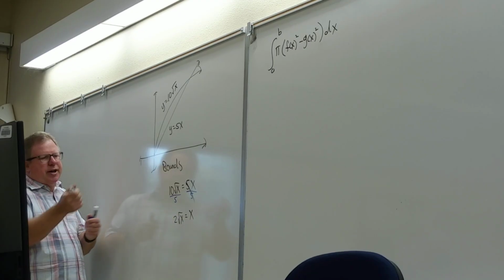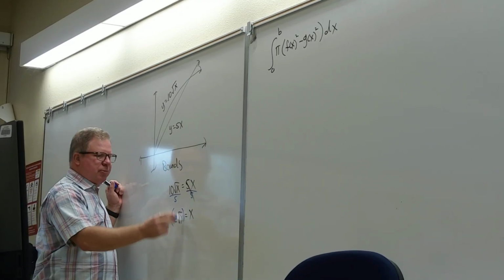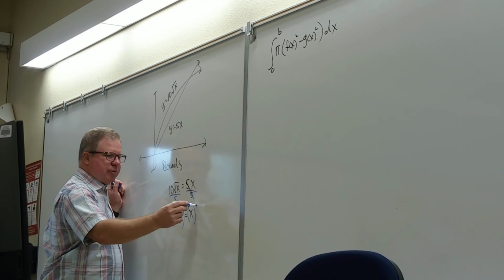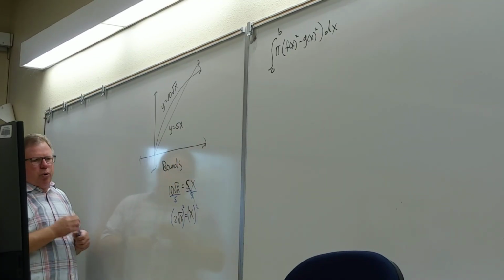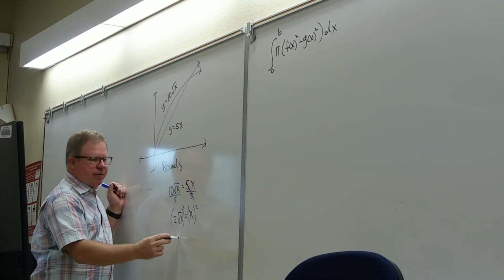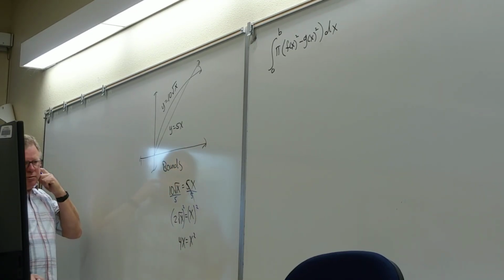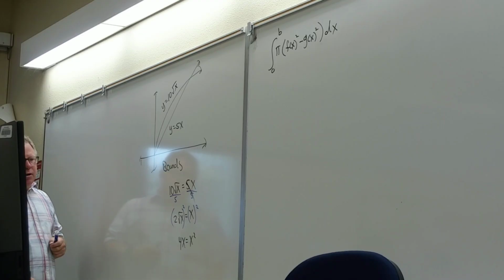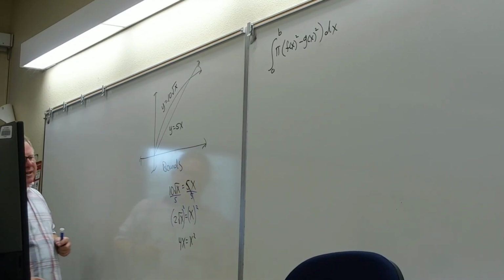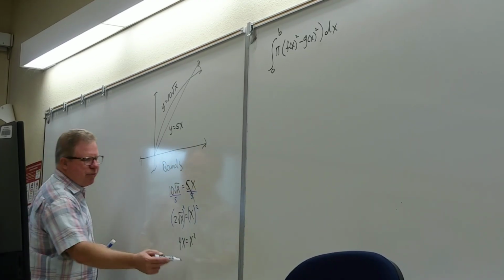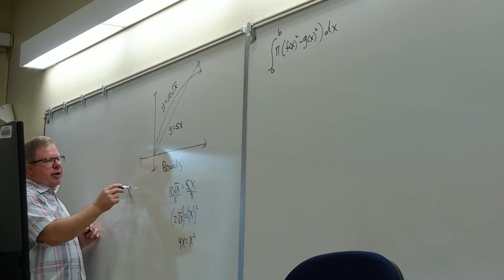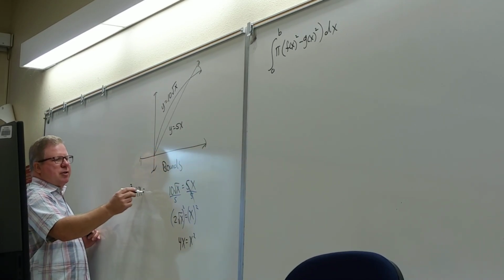Now let's square each side. There's multiple ways this could be done, but I'm going to do it this way. So we'll get 4x equals x squared. All right, now I'm going to get it set equal to 0, so I'm going to subtract the 4x over there. Get x squared minus 4x equals 0.